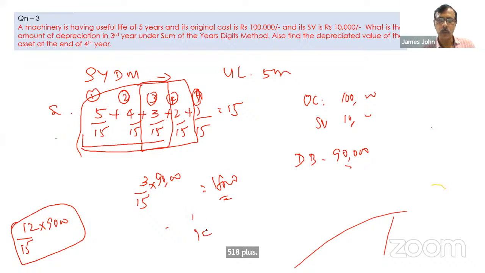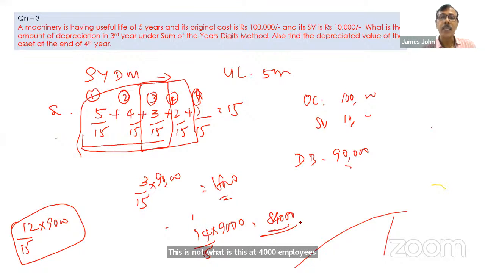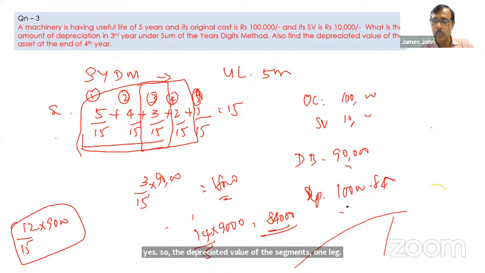That is 14 by 15 of 90,000. How much are you getting? 84,000. Yes. This is the depreciation amount up to 4 years. Depreciated value is 16,000, sir. Yes. So the depreciated value of the asset means 1 lakh minus 84,000, you will get 16,000.